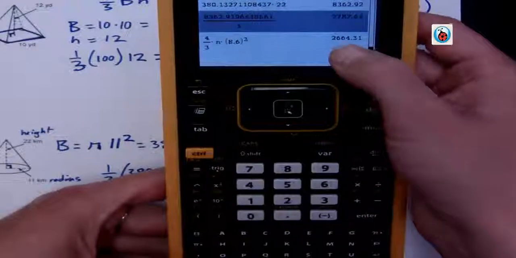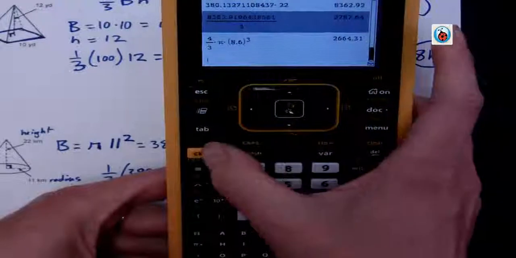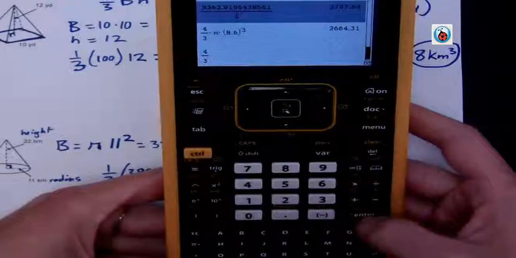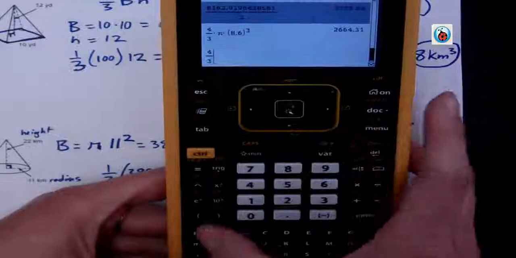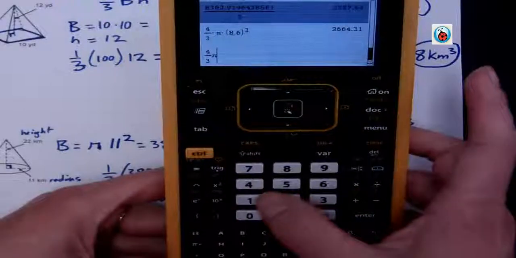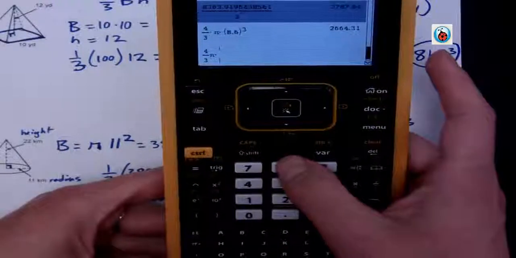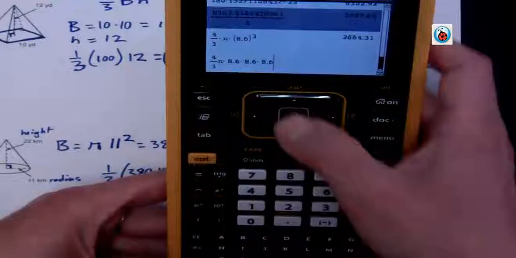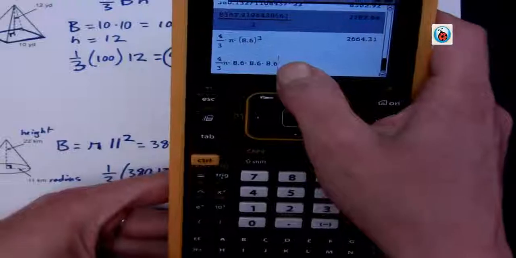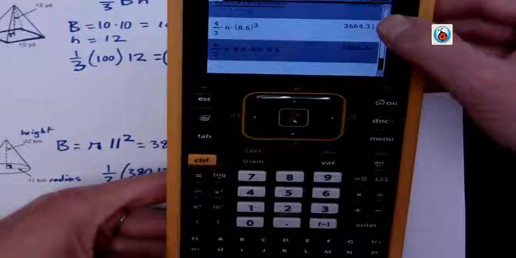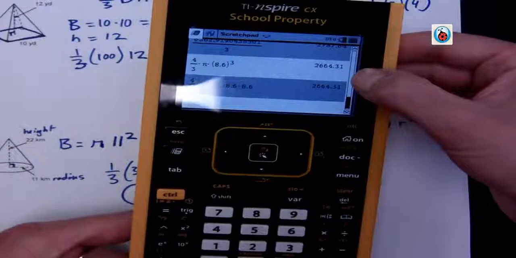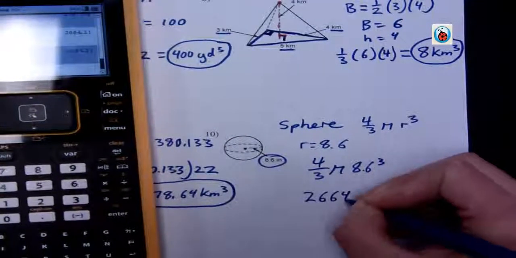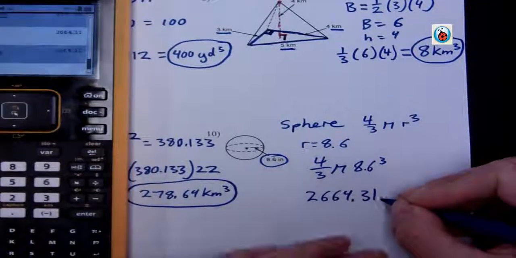If you've forgotten how to do that, you can ask your teacher. Or we could type in the 4/3 times pi, and then if you remember, cube just means 8.6 by itself 3 times. So that's another option, is you can just do times 8.6 3 times instead of the cubed, and it gives you that exact same answer. So our answer to this one is 2664.31 inches cubed.